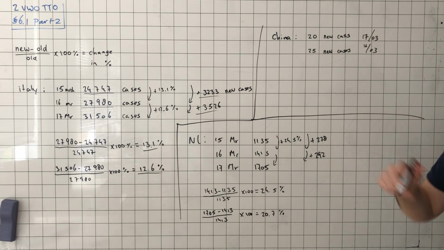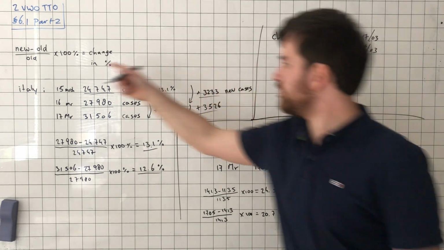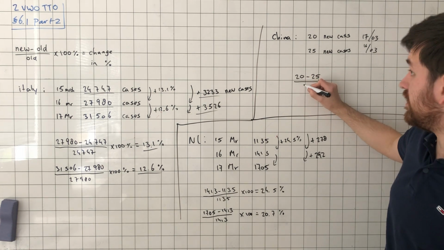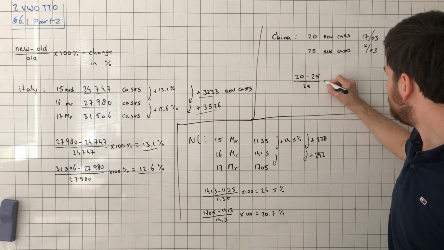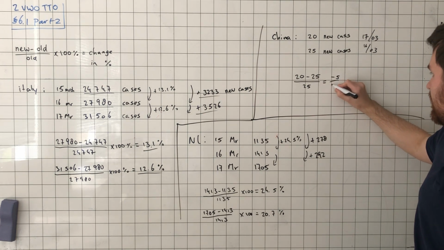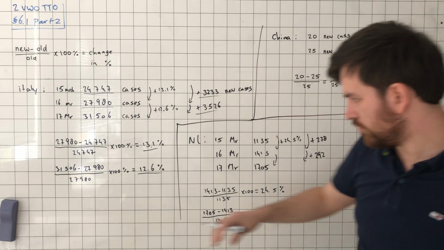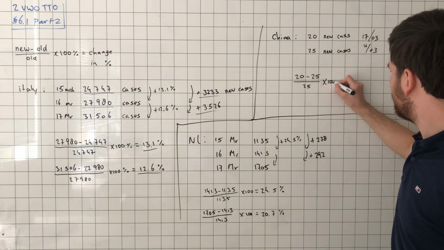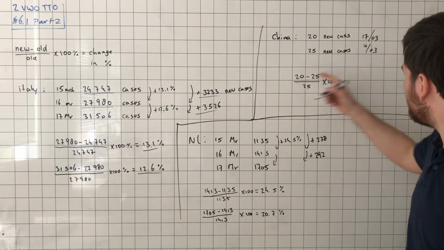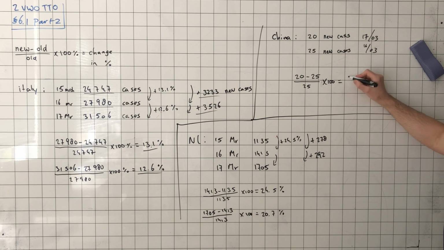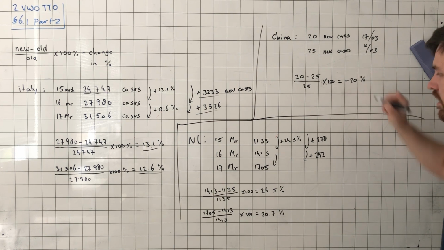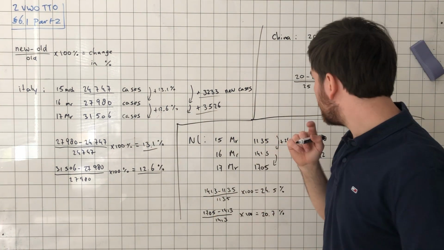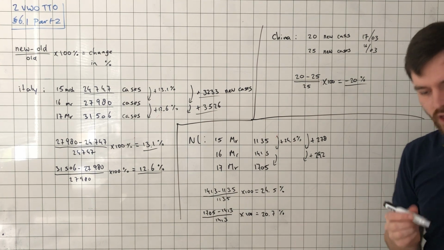So it is decreasing. If you fill in these two numbers in our formula, you have 20 minus 25 divided by 25, which is minus 5 divided by 25. Sorry, I'm going to adjust it a little because I forgot something. Times 100, of course. I tend to forget that from time to time. So this is minus 5 divided by 25, which means minus 20%. A negative number shows you there is a decrease, and a positive number shows you there is an actual increase. That should make some sense.